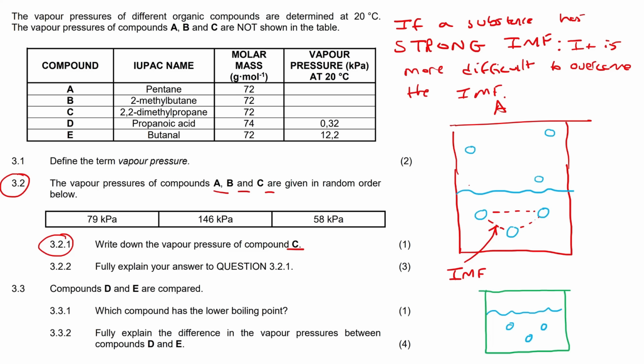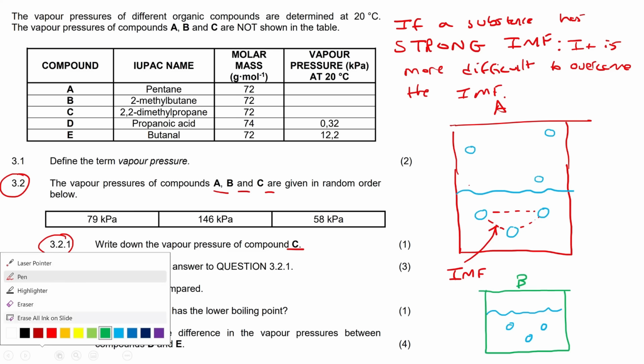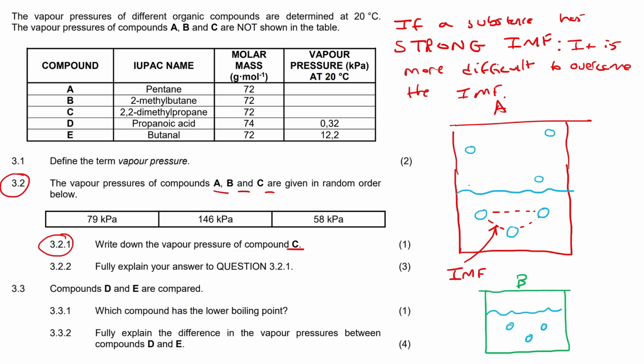Now let's say this is substance B. We already said that substance A has strong intermolecular forces, but let's say in this substance, the intermolecular forces are very weak.